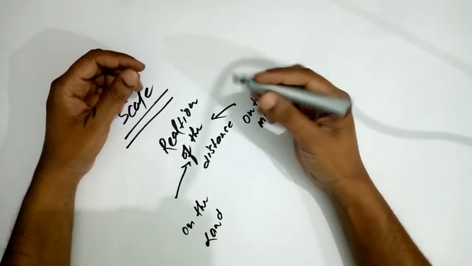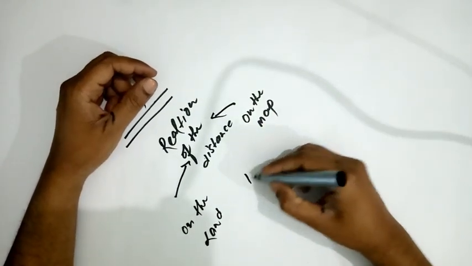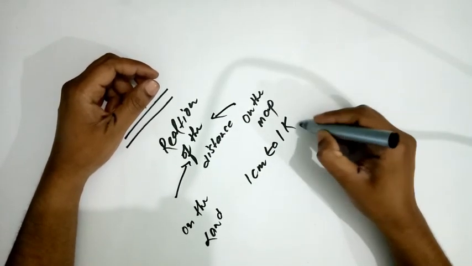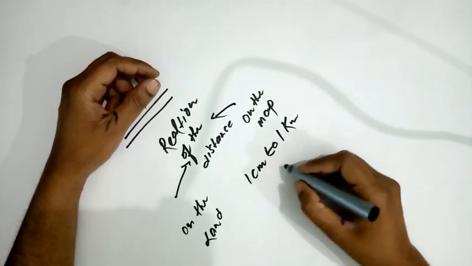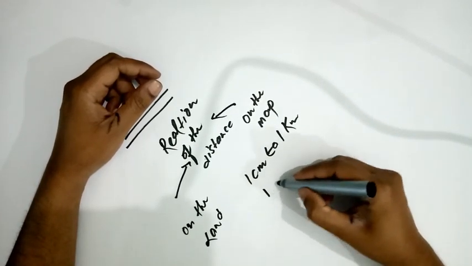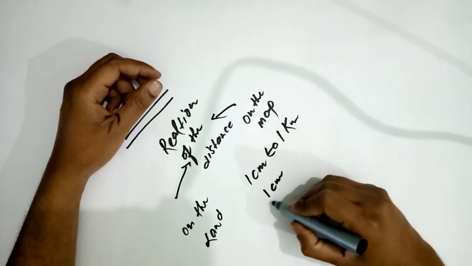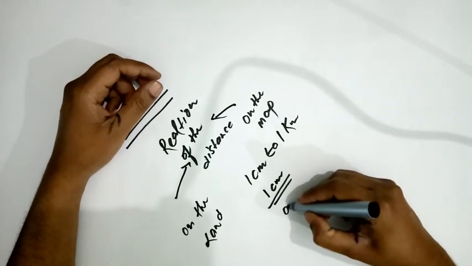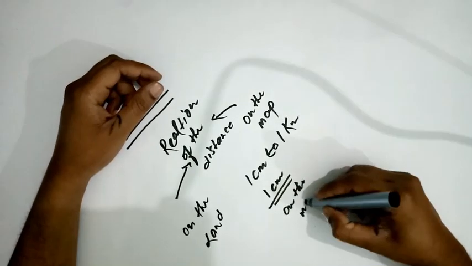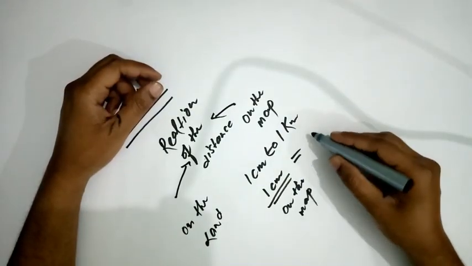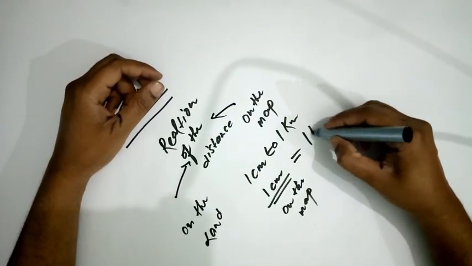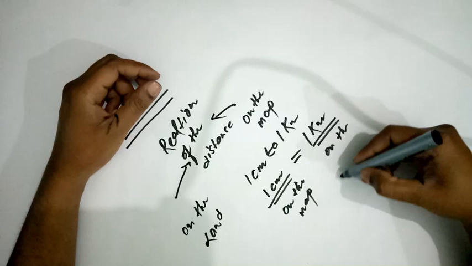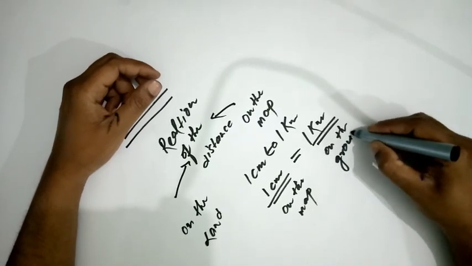What we used to do: when we say that the scale of the map is 1 centimeter to 1 kilometer, we mean that 1 centimeter represents something on the map, and 1 kilometer represents something on the ground.